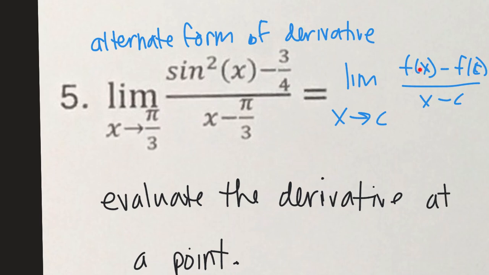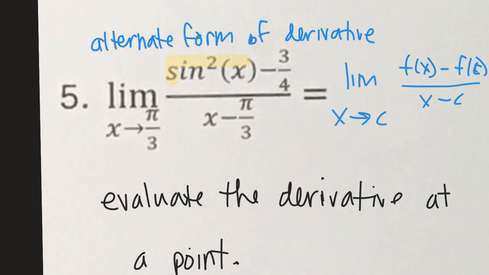Okay? So we have the function is now here. This is the y value of the function, and then x minus that number again. So if we look at our equation, here's pi over 3. This is the point, or the x value, that we're trying to evaluate our derivative at. And what is our function?